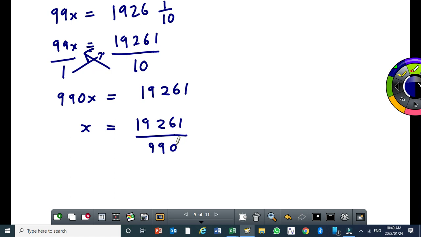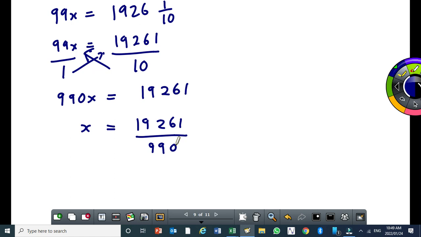Okay? We have a common factor there. Can you try to use a calculator to see if this can be simplified? If you don't get an answer which is a common fraction, then it means it can be simplified. I hope you know how to convert a decimal to a common fraction using your calculator.